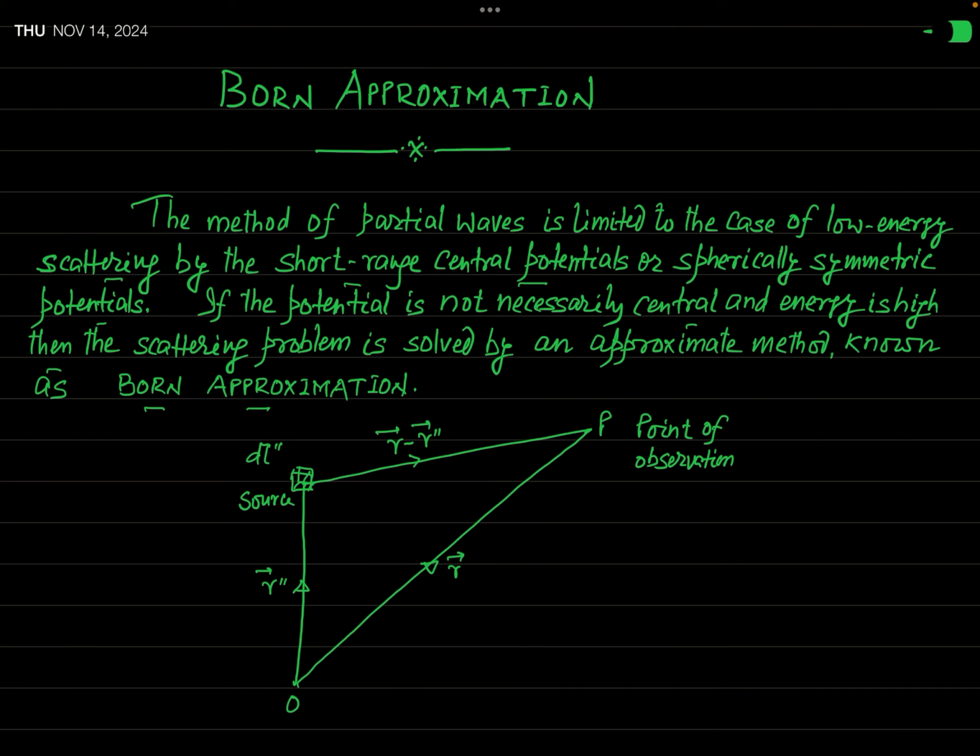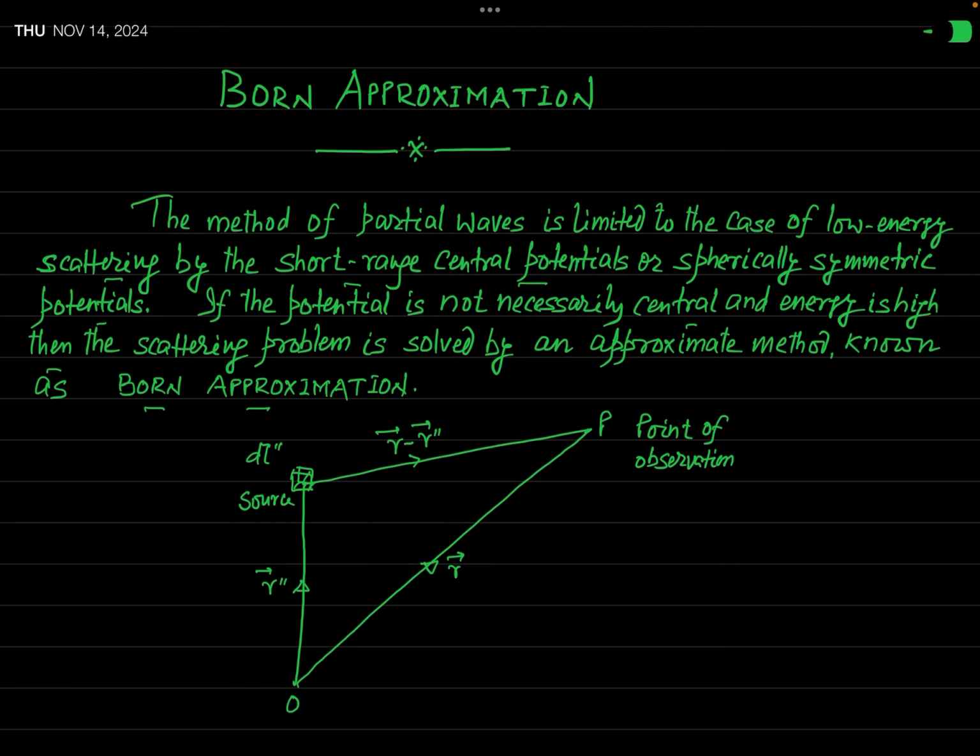It means this Born approximation is not always valid to deal with the problem of scattering. So, what is the condition under which this approximation is valid to solve the scattering problem? That is the most important fact. And whenever a question regarding this Born approximation is asked, definitely you will have to state this condition.